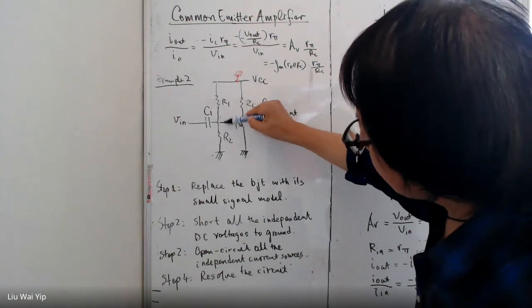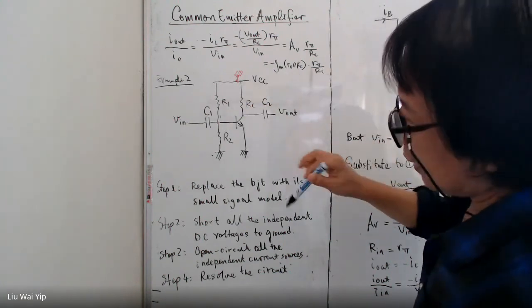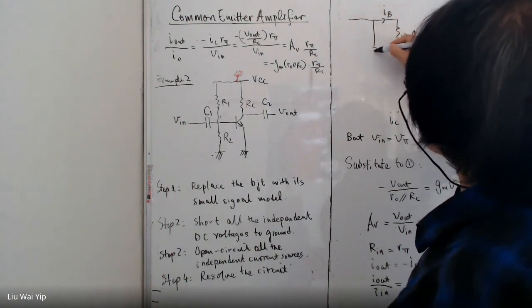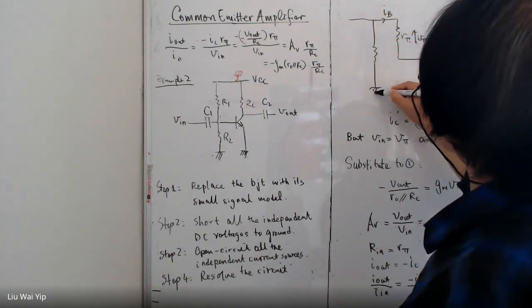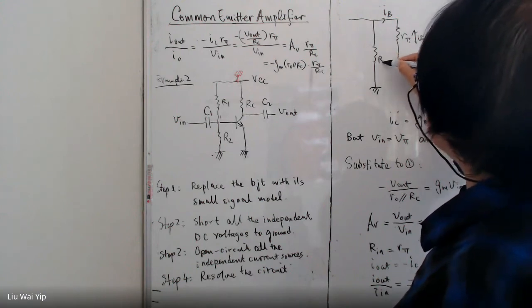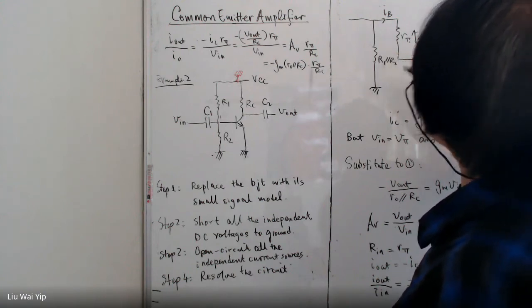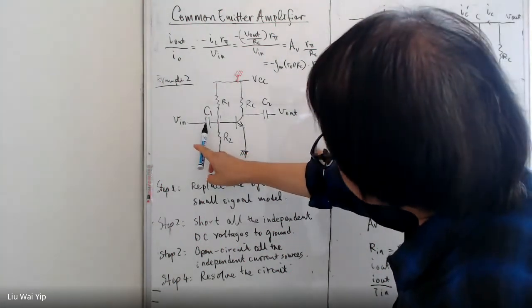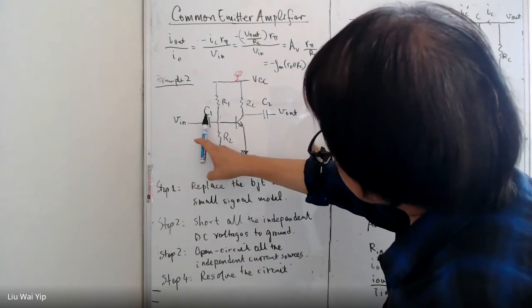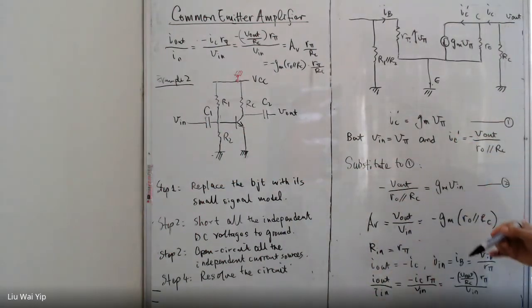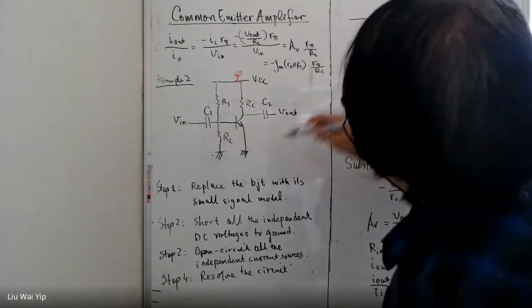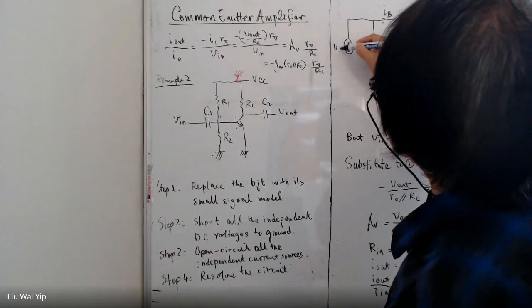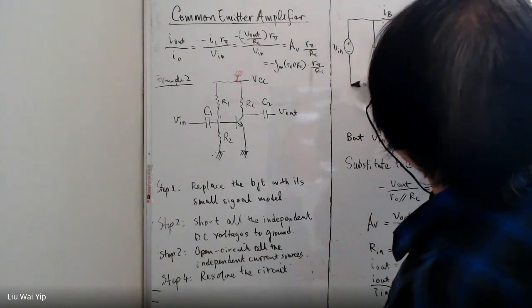So basically, R1 and R2 are in parallel. And for the input at AC in high frequency, this C1 is conducting like a normal wire, and then we can just say the Vin is V pi at this point.